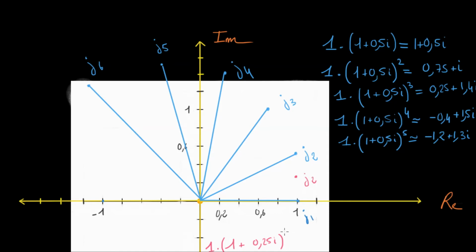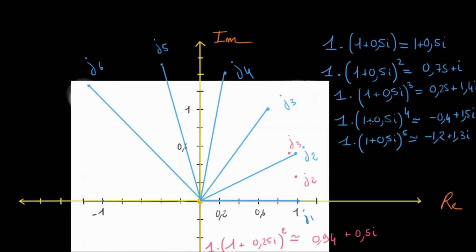So if we do this again, 1 times (1 plus 0.25i) squared, this will be approximately equal to 0.94 plus 0.5i. So the particle will now sit somewhere around here, J3.